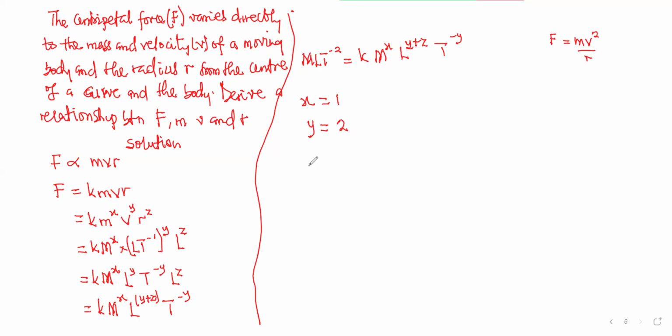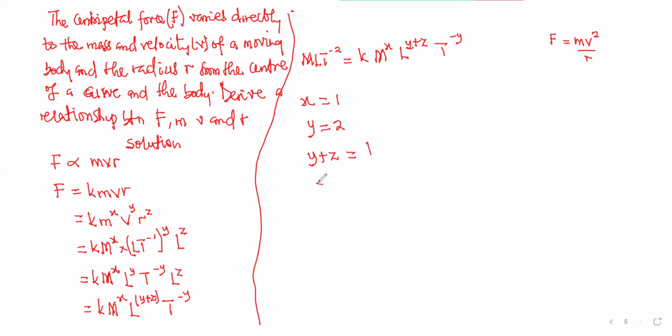Then when we compare L, Y plus Z would be equal to 1.